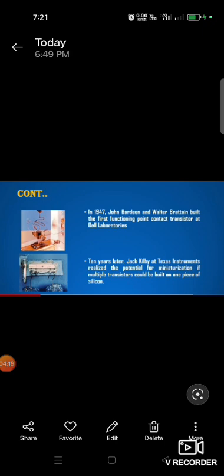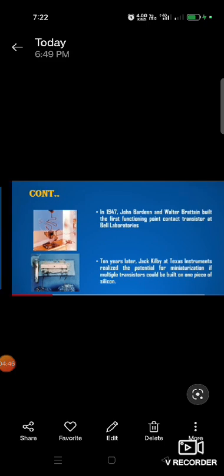After 10 years, Jack Kilby at Texas Instruments realized the potential for miniaturization if multiple transistors could be built on one piece of silicon. That is, after 10 years, Jack Kilby reduced the size of the transistor. Multiple transistors can be built in a single chip, and the size of the transistor is also reduced. That is how the shrinking of the transistor began.